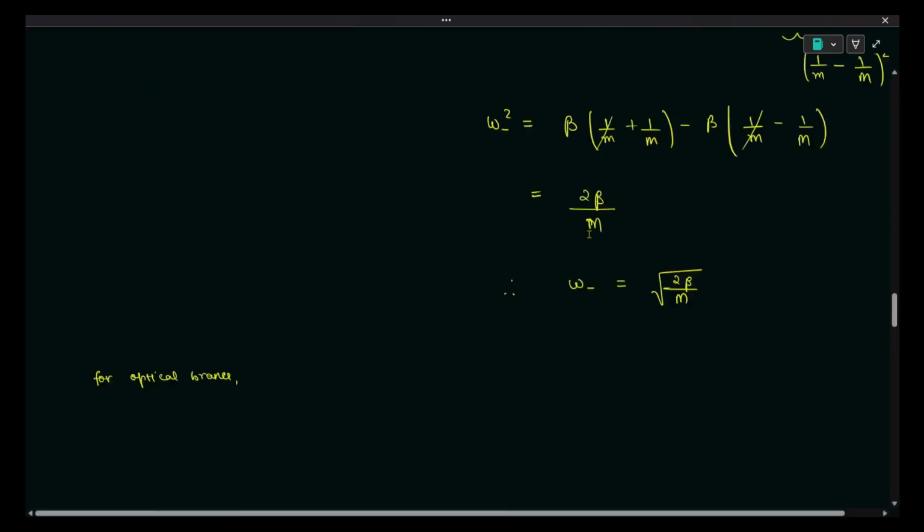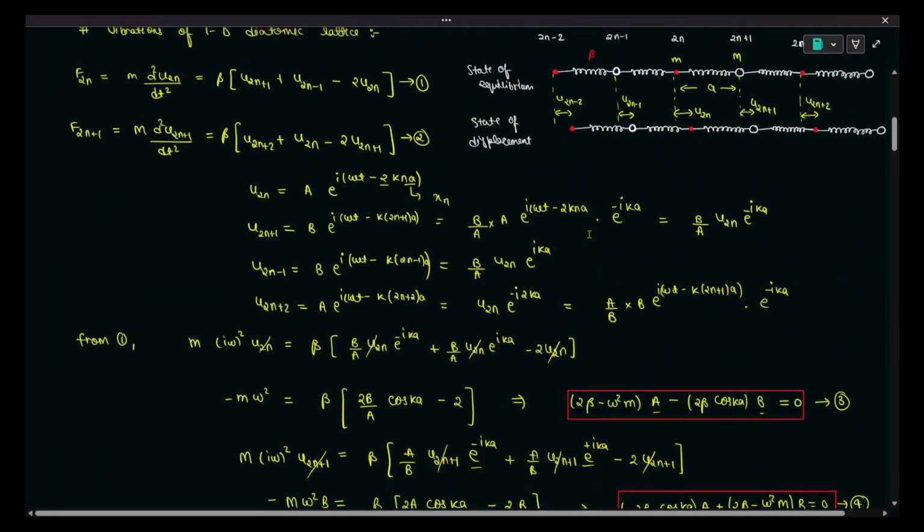Now we will investigate the physical difference between the vibrations represented by optical and acoustical branches, and I will also simulate those results, and we will determine what is the origin of the names of these branches. So for the optical branch, we have derived the relation between the amplitudes earlier.